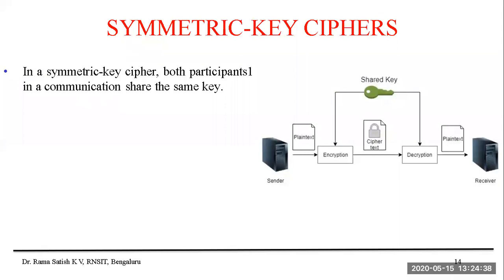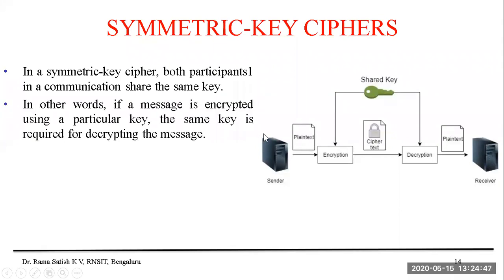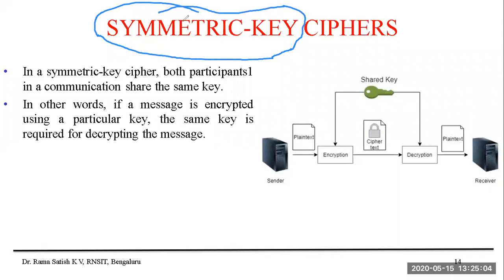That's what we see in the symmetric cipher. They use the same shared key. In other words, if the message is encrypted using a particular key, the same key is used for decryption. That's why it is called symmetric. It is called symmetric because the key which you use for encryption is the same key used for decryption also.